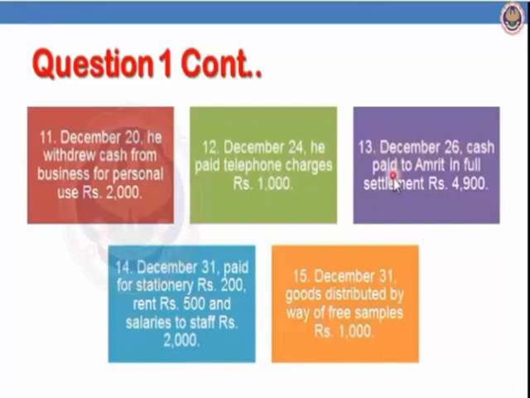On December 26th, cash paid to Amrit in full settlement, rupees 4900. On December 31st, paid for stationery rupees 200, rent rupees 500, and salaries to staff rupees 2000. Then again on December 31st, goods distributed by way of free samples rupees 1000.